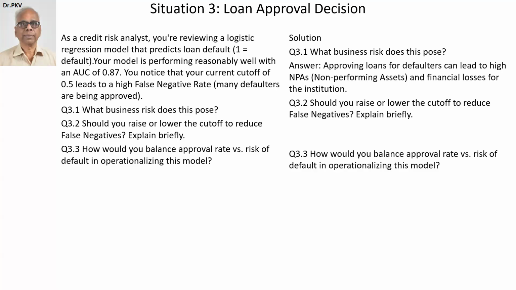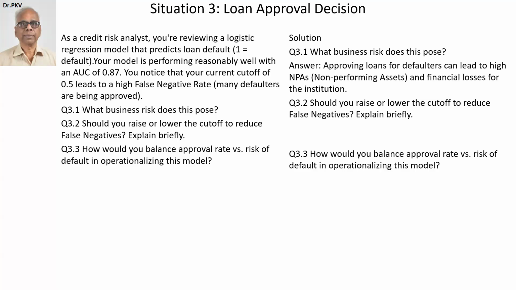Then question 3.2. Should you raise or lower the cutoff to reduce false negatives? Explain briefly. In other words, the present cutoff point is 0.5.